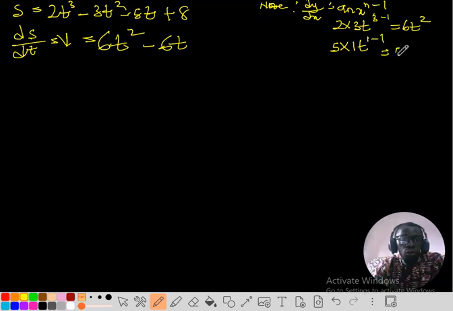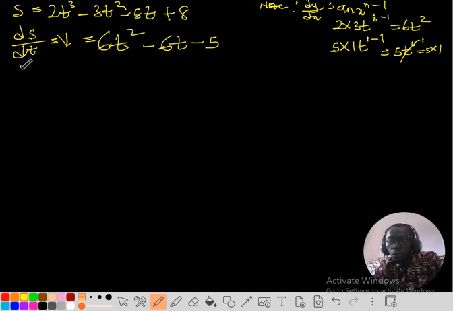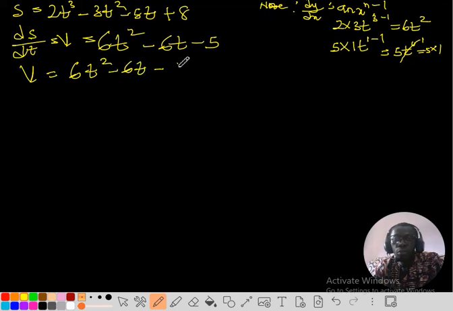So this will give 5t raised to power 0. 5 times 1 is 5, 1 minus 1 is 0. t raised to power 0 is 1, so you are left with 5 times 1, which is 5. For this part, you have it as minus 5. Then differentiation of a constant is 0. Therefore the velocity v, which is the speed, is 6t squared minus 6t minus 5.